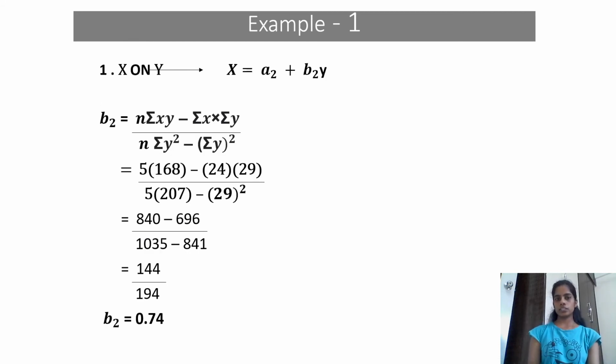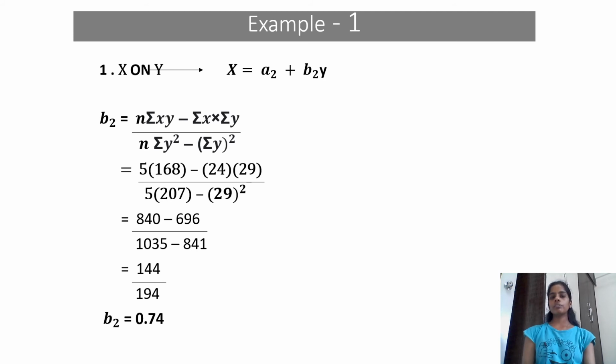Now for the second regression equation, that is x on y, it means x is equal to a2 plus b2y. b2 is equal to n into summation xy minus summation x into summation y, the whole divided by n into summation y square minus summation y the whole square. So we have n, that is 5, summation xy is 168 minus summation x is 24 into summation y is 29, the whole divided by 5 into summation y square, that is 207, minus summation y the whole square, it means 29 the whole square.